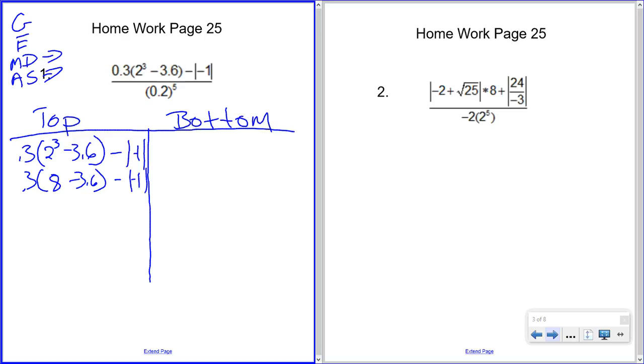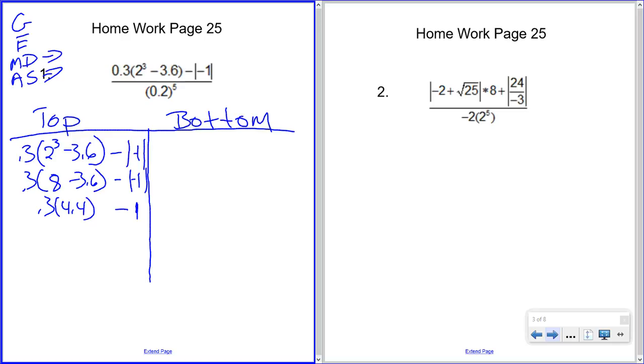Okay, now 8 minus 3.6 is 4.4. So we're working down our grouping here. That's already simplified as low as it can go. Now we're going to come over here to the absolute value of negative 1, which is 1. So we have 0.3 multiplied by 4.4 minus 1.